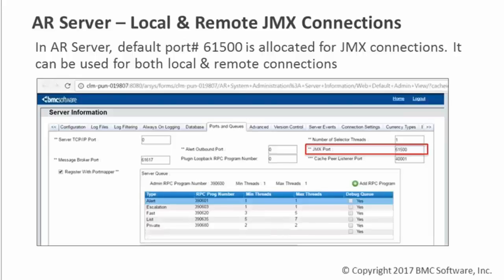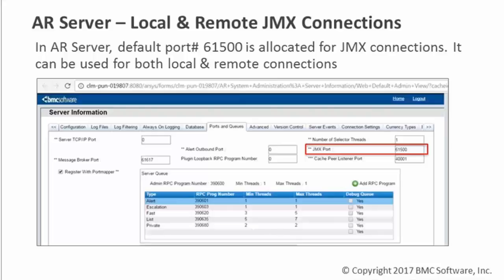Now let us see, for the AR server, how we connect the AR server with the Visual VM instance both locally as well as remotely. For the AR server there is a provision: the AR system provides a default port which can be used for JMX connection.